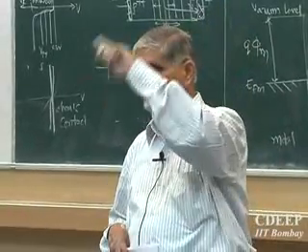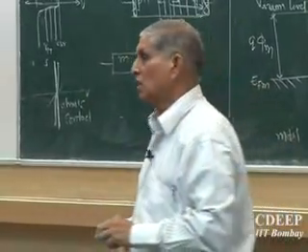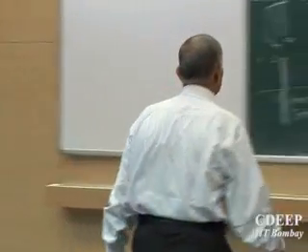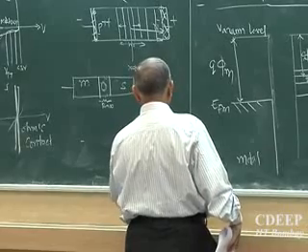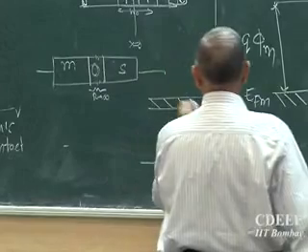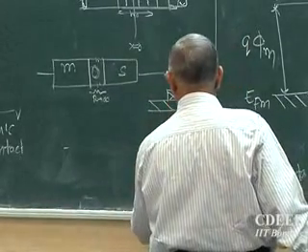Carriers go from metal to semiconductor, semiconductor to metal. In the case of MOS, there is no transport from metal to the semiconductor or semiconductor to the metal. So what does it look like then? Let me make this vertical. This is my semiconductor. This is my insulator. This is my metal contact on both sides.